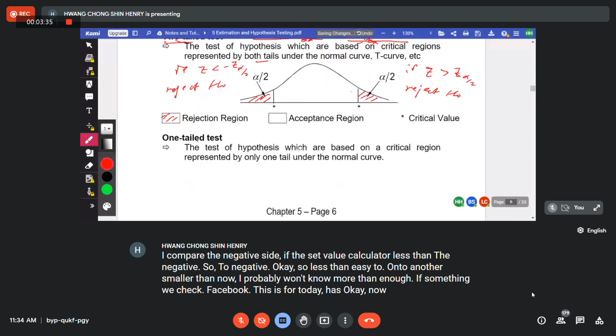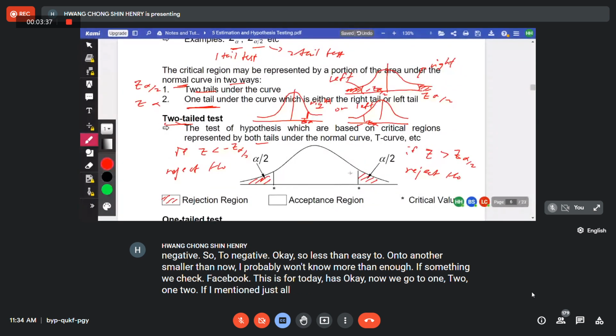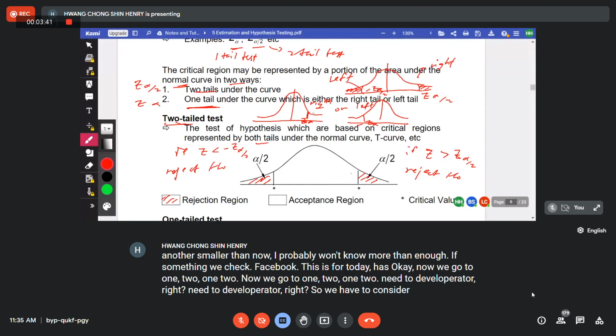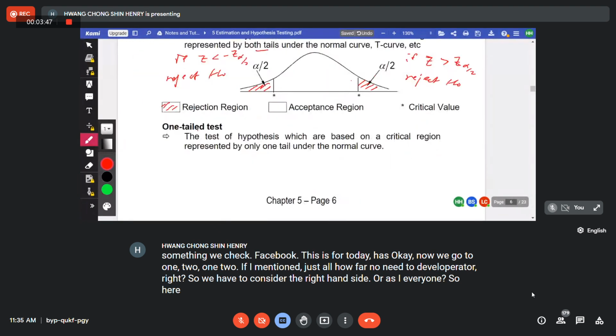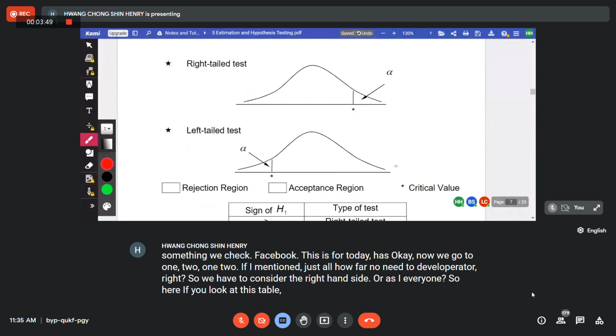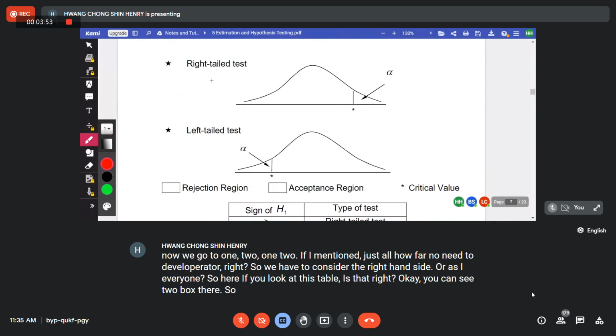Okay, now we go to one tail. One tail, as I mentioned just now, alpha doesn't need to be divided by 2, right? So we have to consider either the right-hand side or the left-hand side. In this diagram, again you can see two boxes. Let's talk about the right tail first.